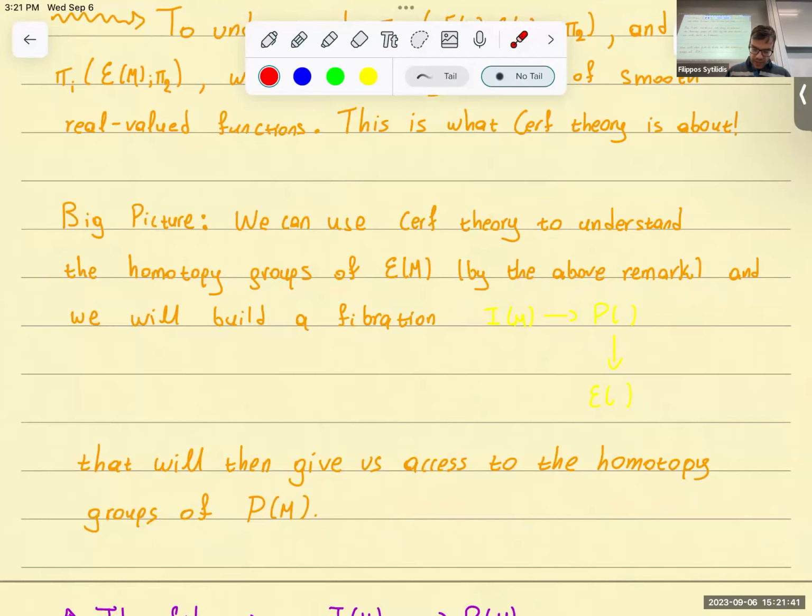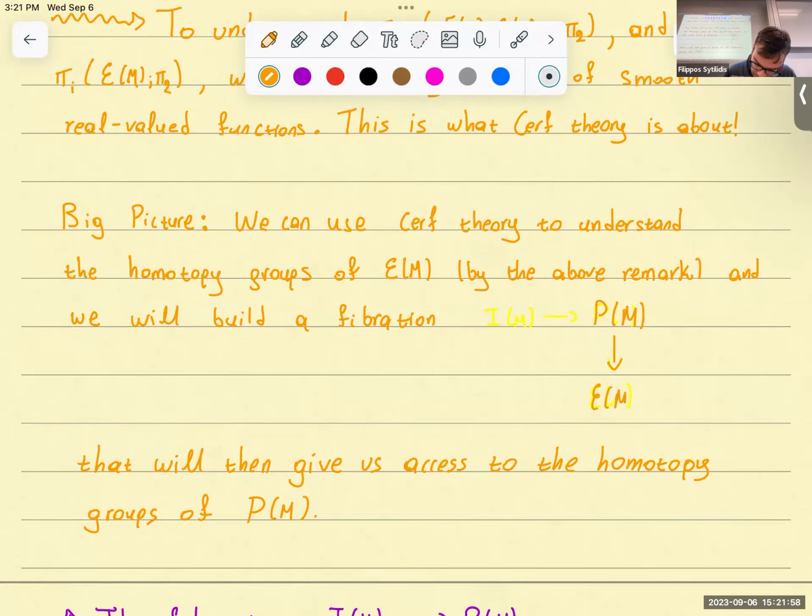The big picture is that I can write down something which is a fibration. It's a map from the pseudo-isotopy group of M to this space that I just defined, epsilon of M. It's a map that takes a pseudo-isotopy and produces a smooth function from M cross I to I with no critical points. I'll tell you what this map is in a bit, but it exists.